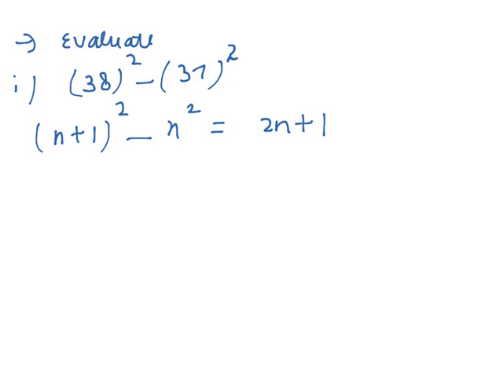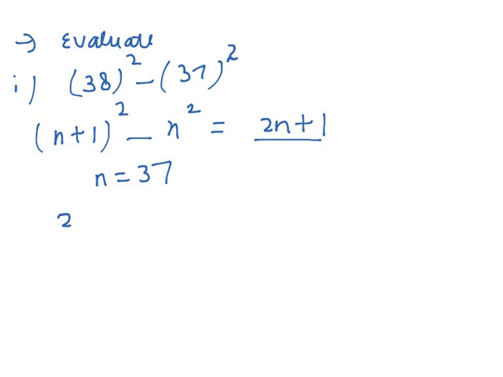For this you can check the link in my description section. So here clearly n is equal to 37. So instead of calculating 38 square, 37 square and then subtracting, we can use 2n plus 1. That will be much easier.